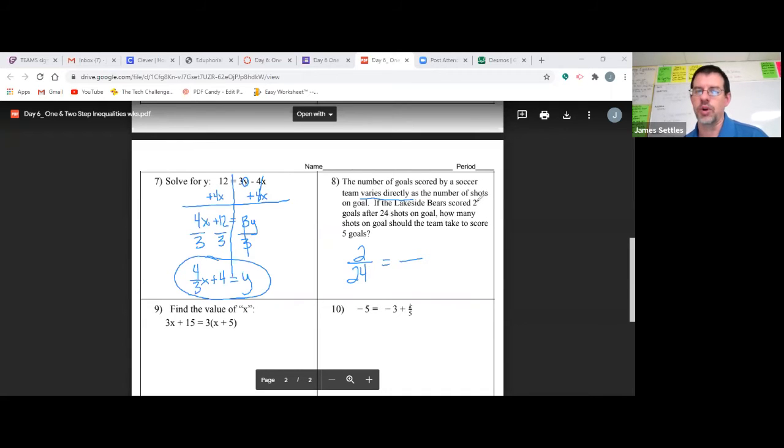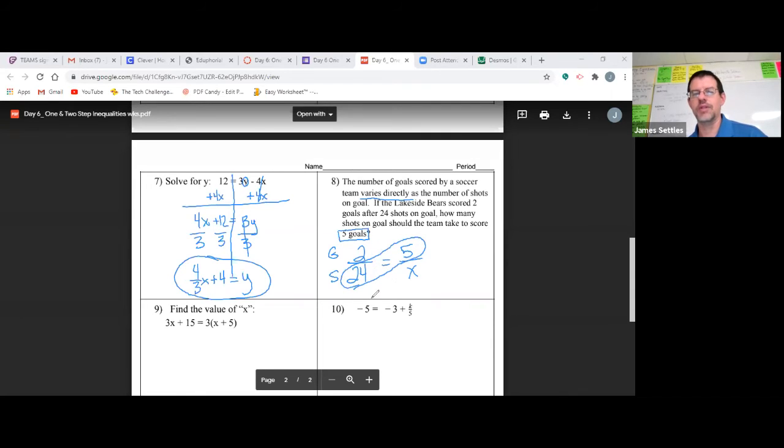Then you got to label them. So it's 2 what? 2 goals. So we're going to put a G right there. And 24 what? 24 shots. So I'm going to put an S. This means that goals go on top and shots go on the bottom. This helps me decide where to put this third number, 5 goals. Goals goes on top, so we're going to put 5 on top, and then the other number is just X. Now we can do our butterfly.